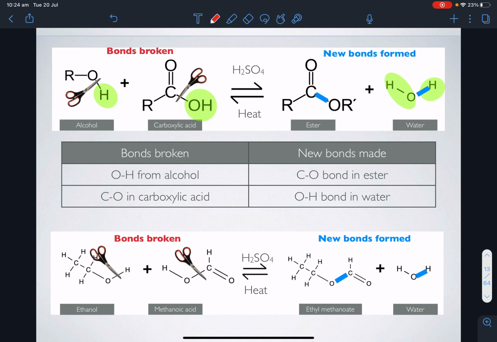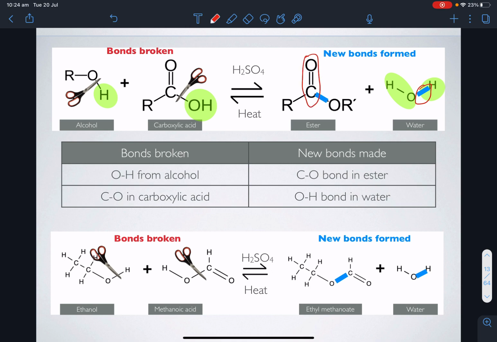And in the carboxylic acid, it's the carbon-oxygen bond that's left over. So in green there, the OH and the H come together to form the water. And you get a new bond forming between the O and one of the H's. Okay, so blue is the new bond formed. And for the ester, the new bond formed is between the carbonyl carbon and the oxygen.